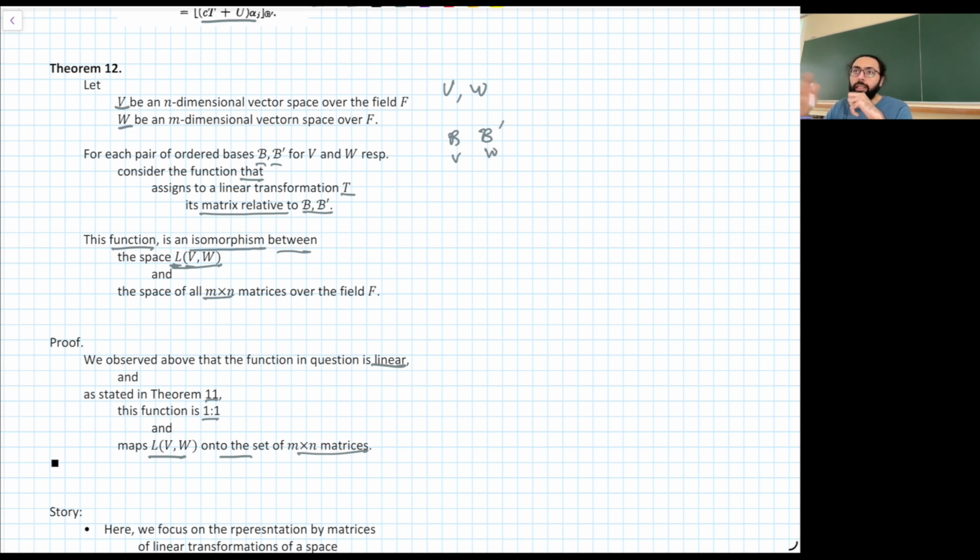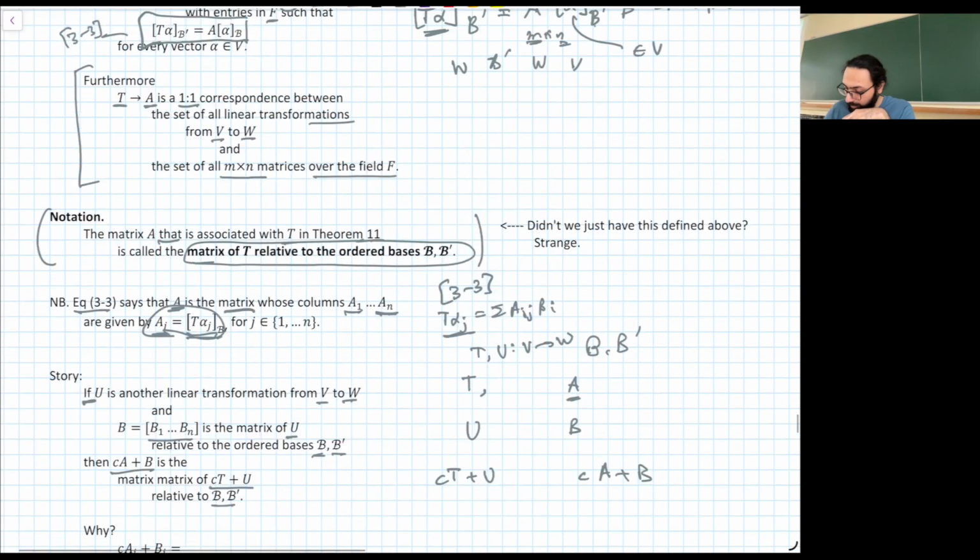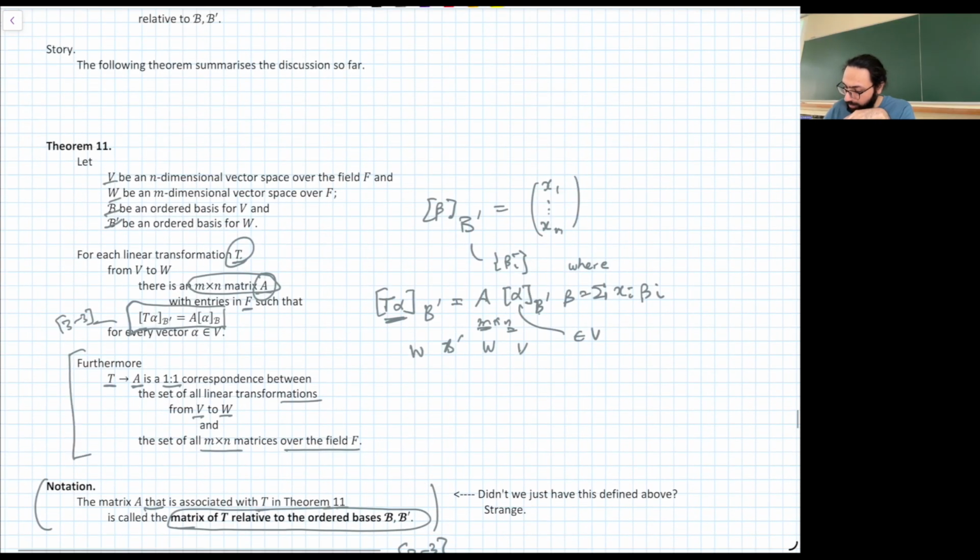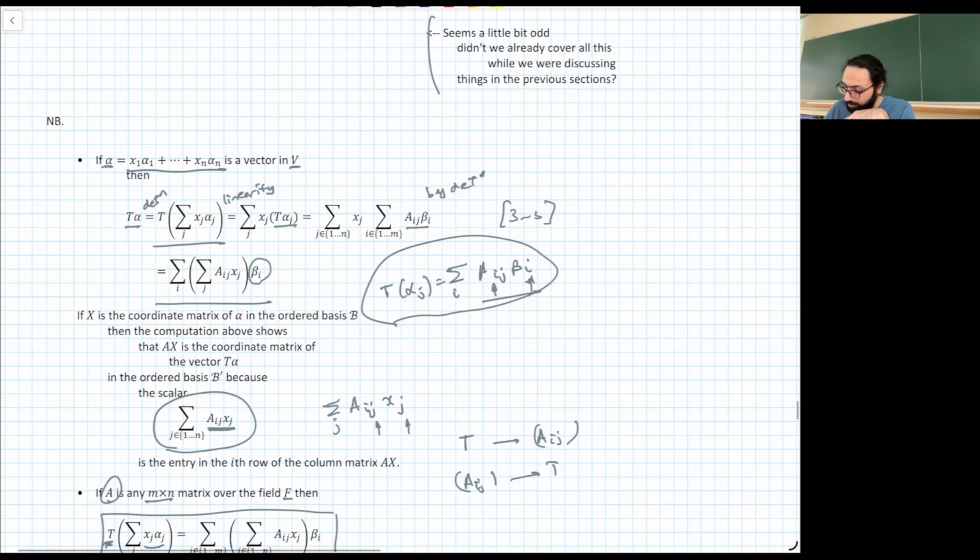Earlier we said that there is this nice mapping, and now we are saying that the mapping actually satisfies all the properties to assert that there's an isomorphism. Right. Okay. So let's see. Theorem 11 is fine.